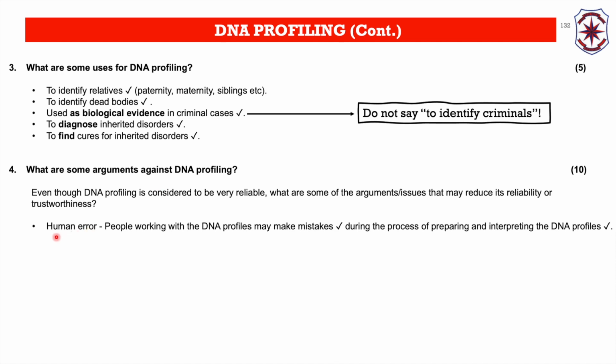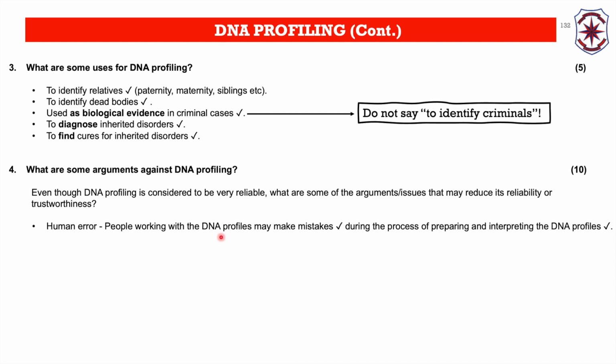Because these DNA profiles are made by humans, okay, and they are also interpreted by humans, there is space for human error. So people working with DNA profiles may make mistakes. So when we talk about human error, we are talking about making mistakes either during the preparation of the DNA profiles or during the interpretation of the DNA profiles.